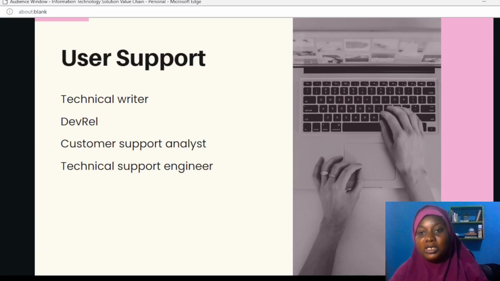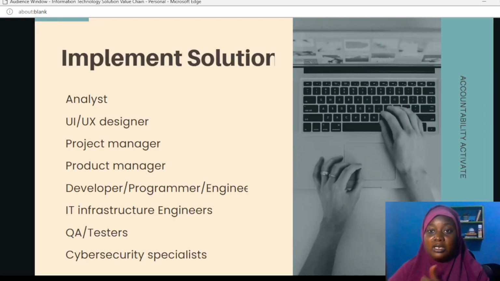So let's look at the user support. If an organization has released its product, there is the user support person. One thing I missed in the last implement solution phase: the project manager and the product manager are often also involved with prioritizing the different features.